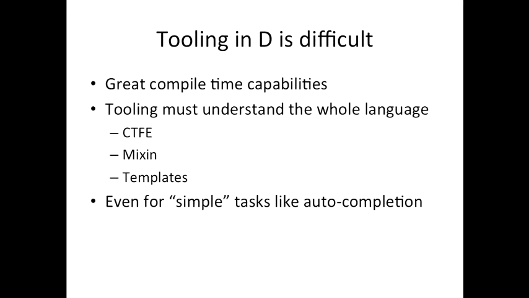And if you want to do even something simple like auto-completion, you have to be able to do CTFE to know all the symbols that there are and do the auto-completion completely. Those are great features, but they also make the tooling fairly difficult to build.